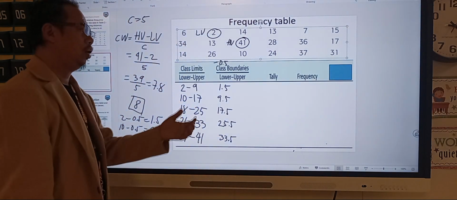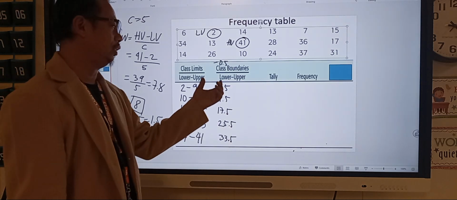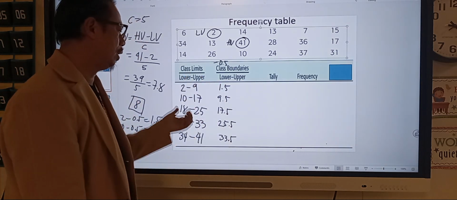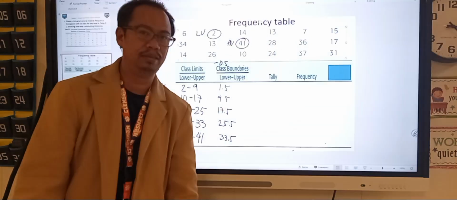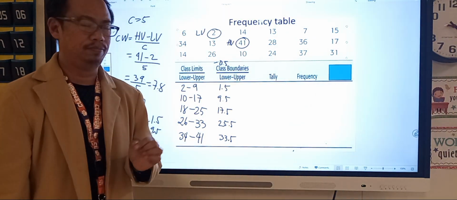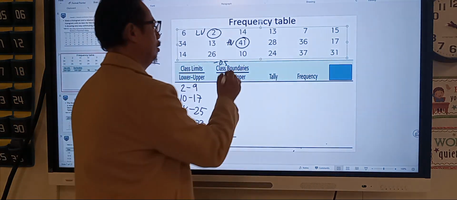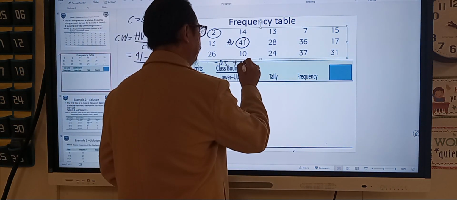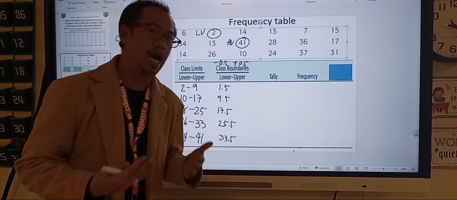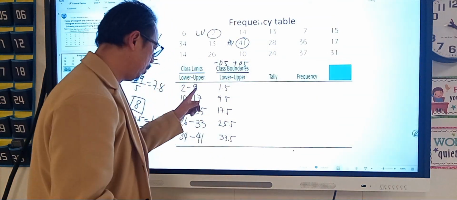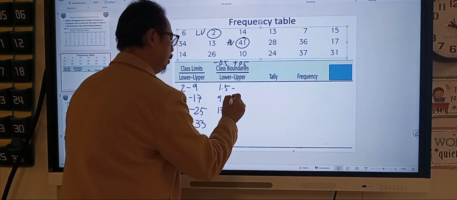Once we have subtracted 0.5 from the lower class limit, the other part will be adding. We add 0.5 to the other side. Because we're adding only 0.5, we're going to copy all the values so that you will not be lost.